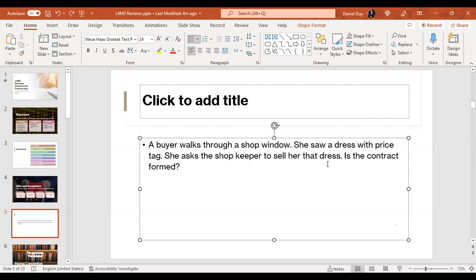So at this point there is no contract, and the shopkeeper is entitled to reject or accept that request from the customer.